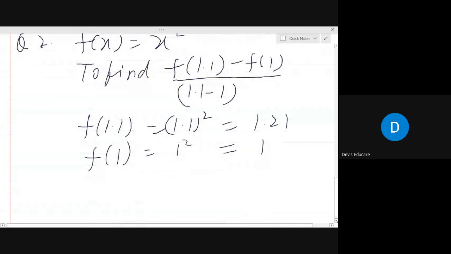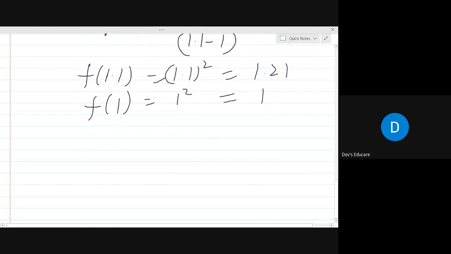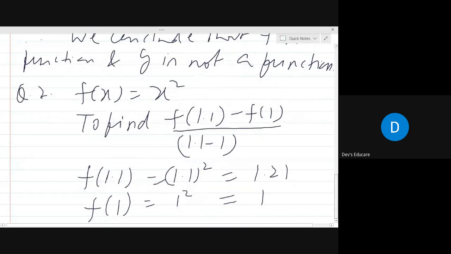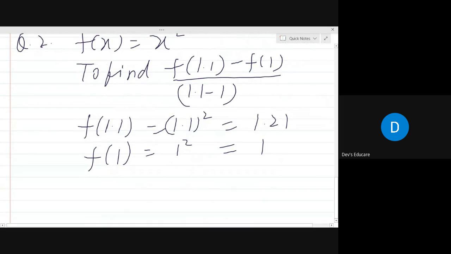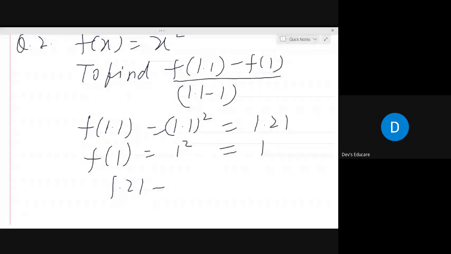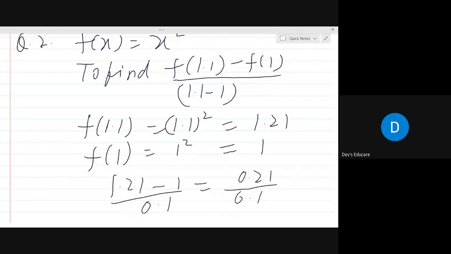So what will be the value of the given expression? That is f(1.1) is 1.21 minus 1 upon 0.1. So this will be 0.21 divided by 0.1. To cancel out the decimal point, we place a 0 over here, and this will be 2.1.